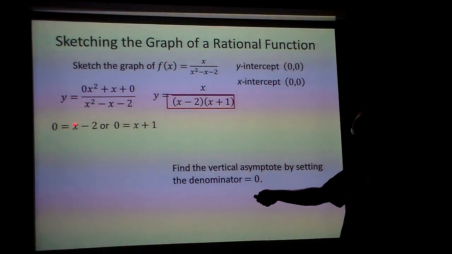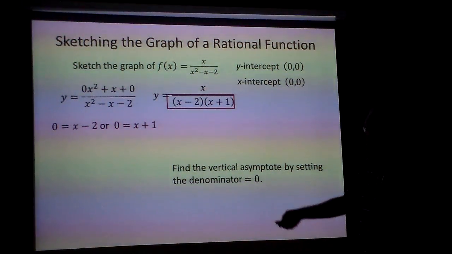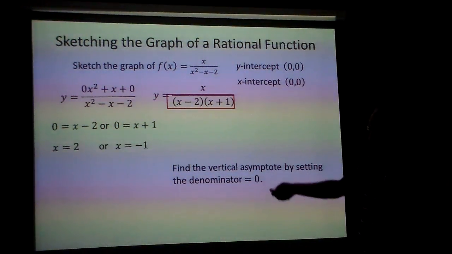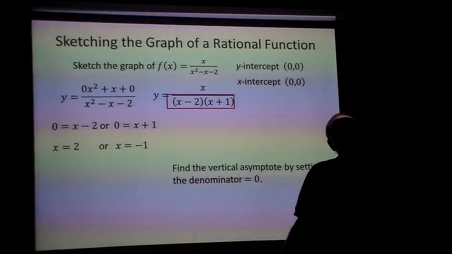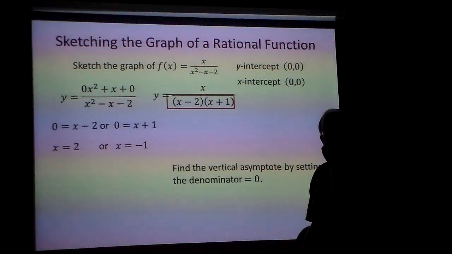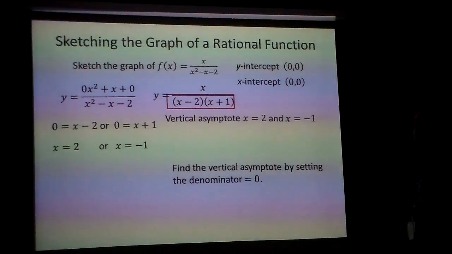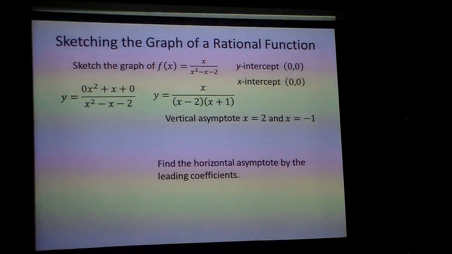So I know 0 equals x minus 2, or 0 equals x plus 1. That one I'm going to add 2, and this one I'm going to minus 1. So, ooh, I have 2 asymptotes on this problem. Not uno, but 2. I have one at x equals 2 and one at x equals negative 1. Ooh, it's going to make our graph a little bit different.